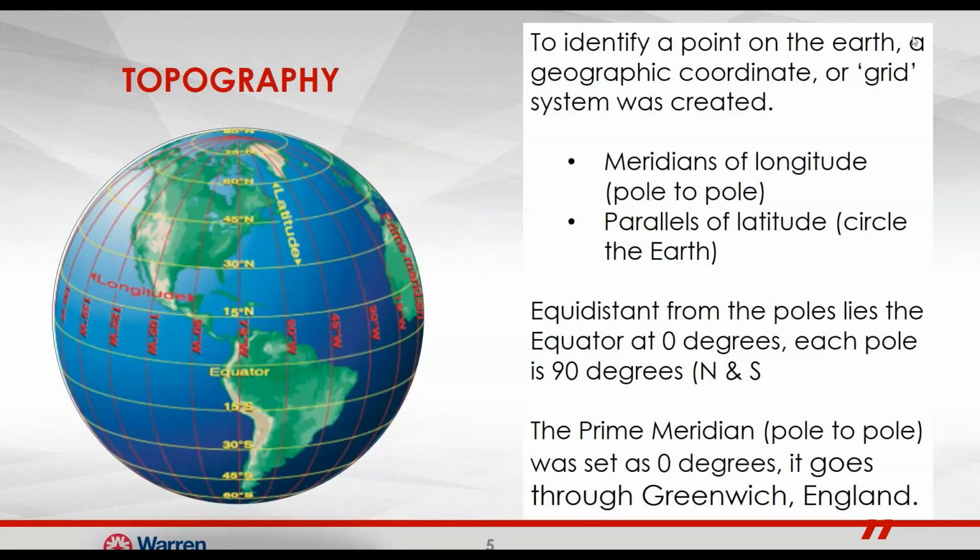We also want to remember that to identify any point on the Earth, a geographic coordinate or grid system was created. These can be quite long, and this is what GIS is based on, Geographic Information Systems. And we can plot any point on the planet if we go out enough decimal places or degrees, minutes, seconds, etc. There are many ways, depending on which geographer has written or which profession you're in, that you'll see these noted.